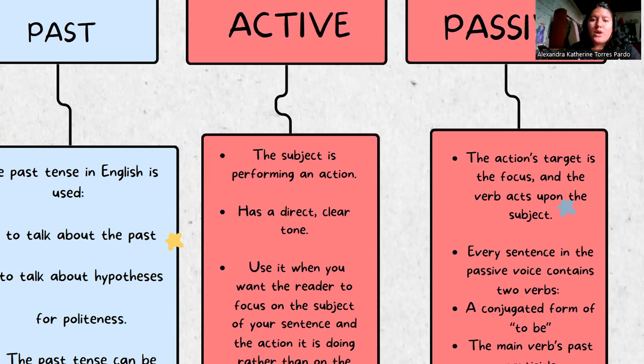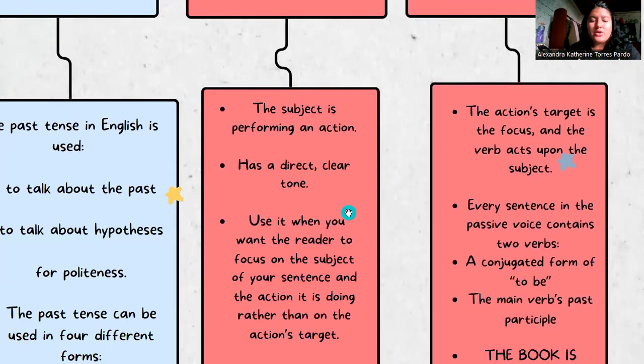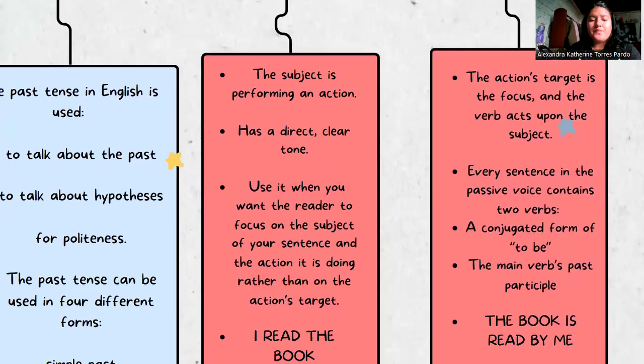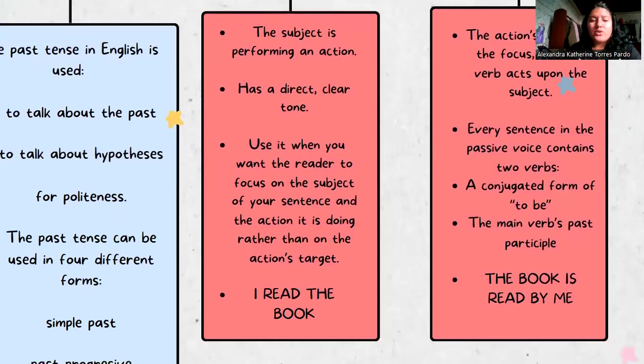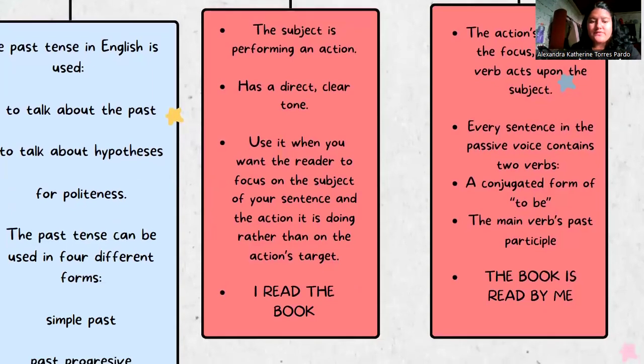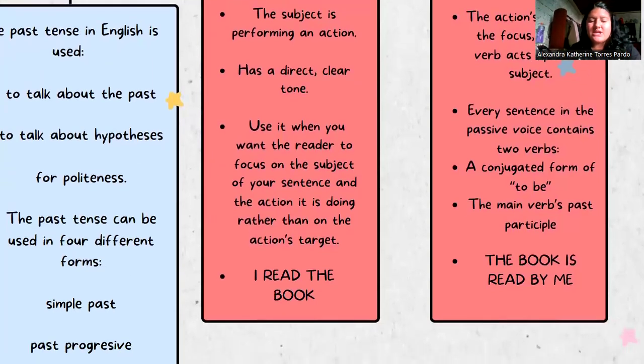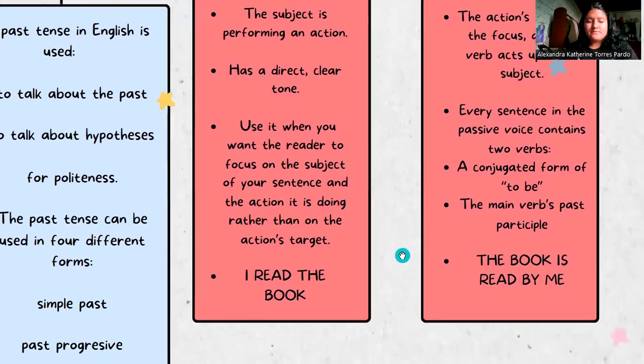Use it when you want the reader to focus on the subject of your sentence and the action it is doing rather than on the action target. It uses a direct and clear tone.